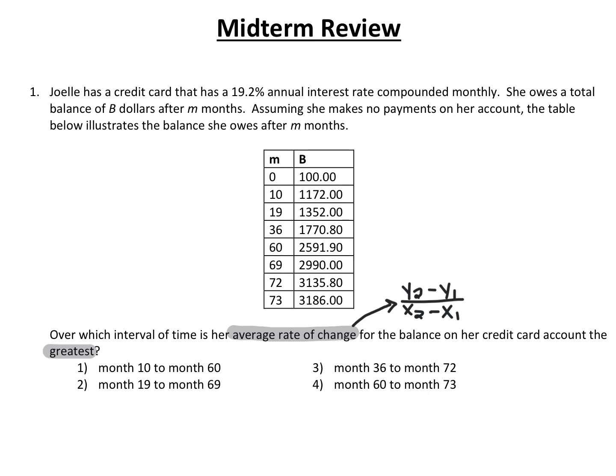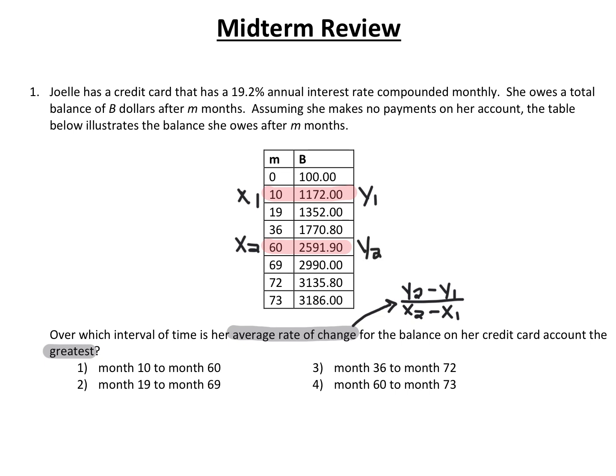Okay, so let's look at month 10, which is right here, and month 60, which is right here. All right, so now this first column, the M, is going to be our X1 and our X2. And the second column right here, the B's are going to be our Y1 and our Y2.